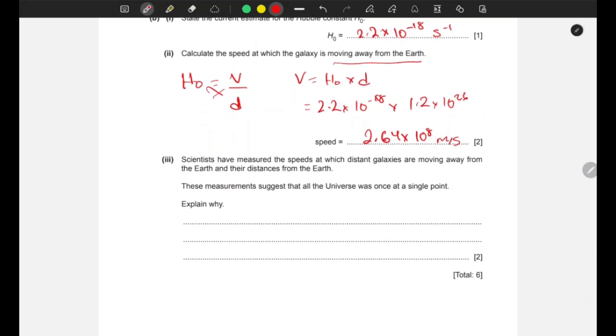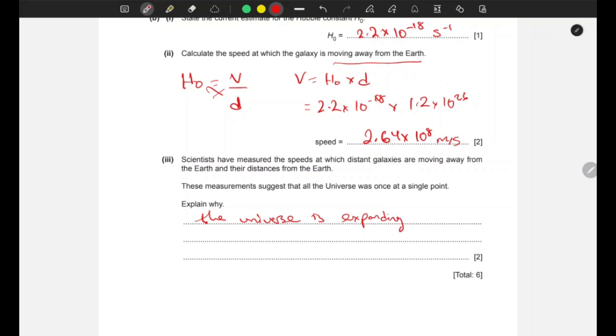Scientists have measured the speed at which distant galaxies are moving away from the Earth and their distances from the Earth. The measurement suggests that all the universe was at a single point. Explain why. Okay, so what we can say is the universe is expanding.